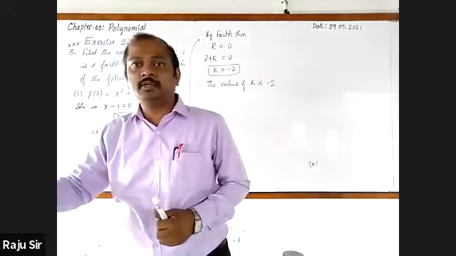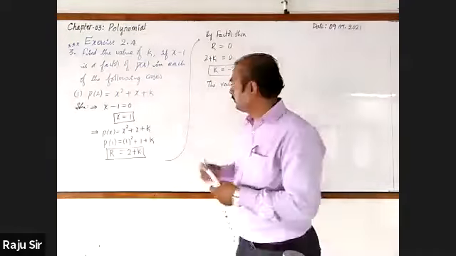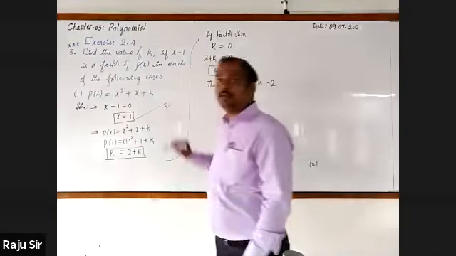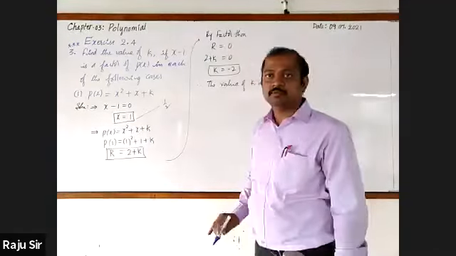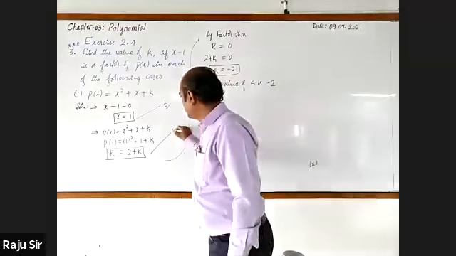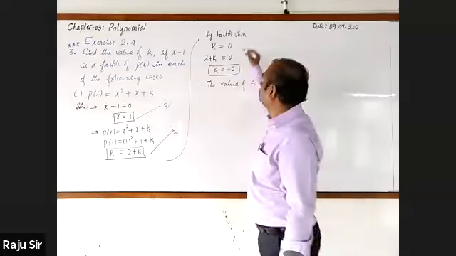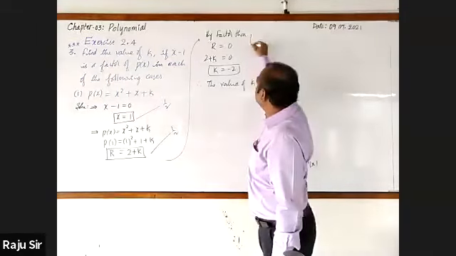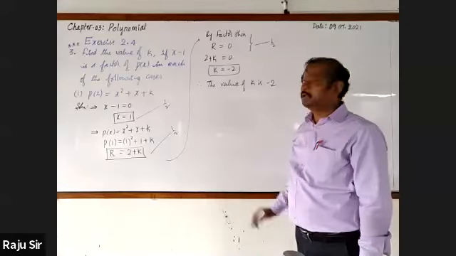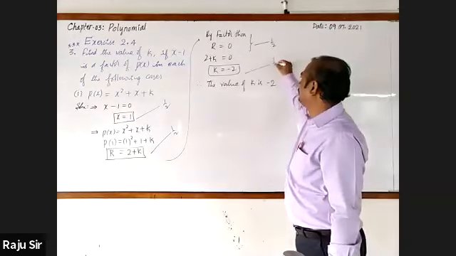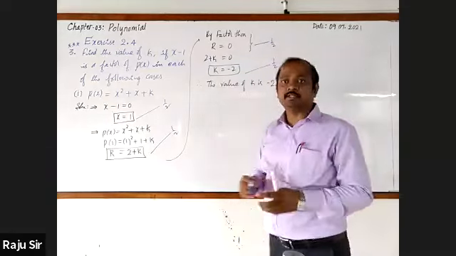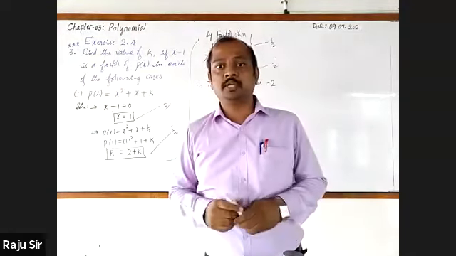For finding the 0, half mark. And finding the remainder, half mark. Next, for using the factor theorem, half mark. At last, finding the value of k, half mark. Like this, 2 marks will be distributed.